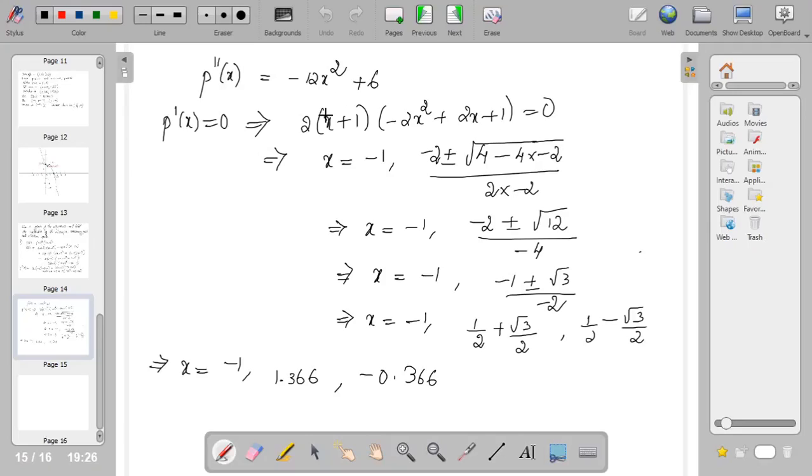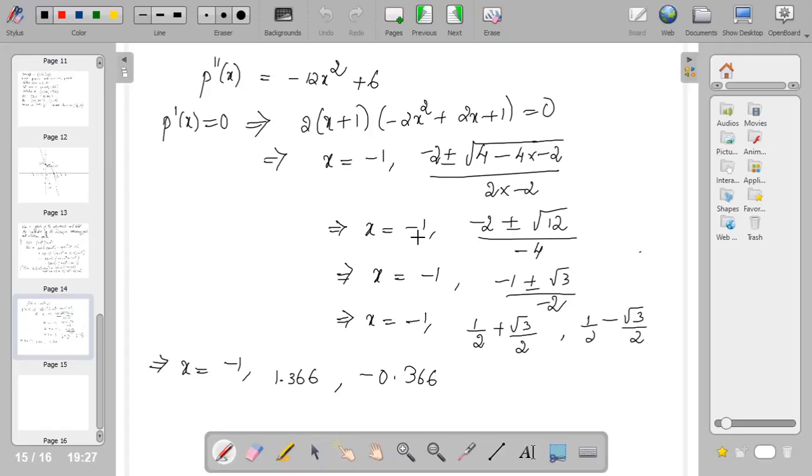So let us find out what the critical points are. p dash of x equal to 0 gives one root x equal to minus 1. Then for this quadratic equation the root is minus b plus or minus root of b square minus 4ac divided by 2a, with a equal to minus 2.